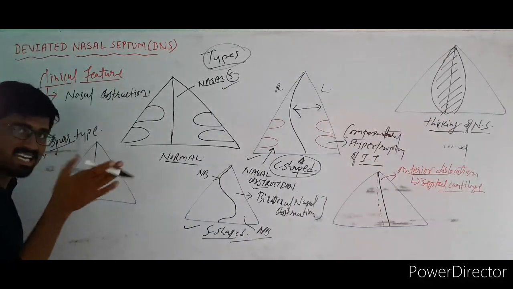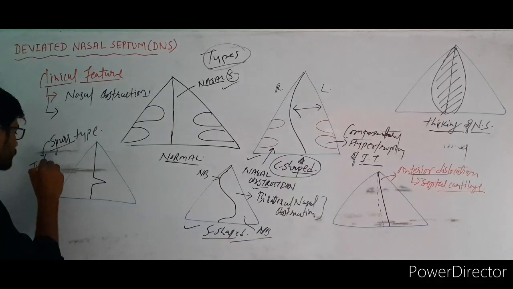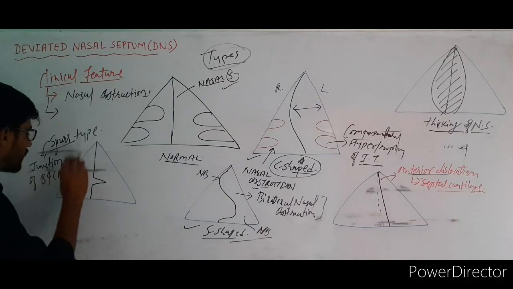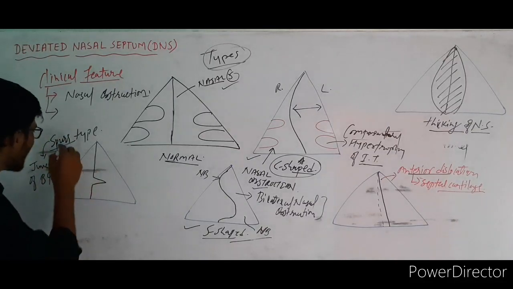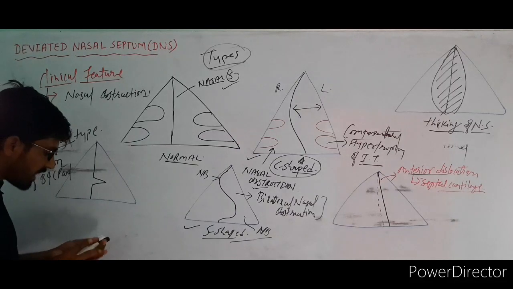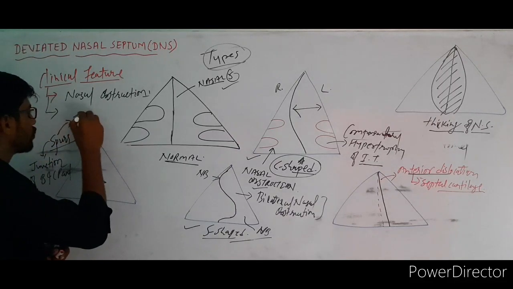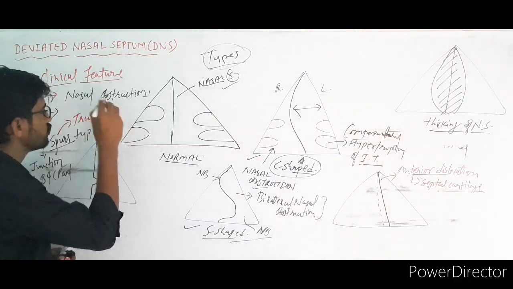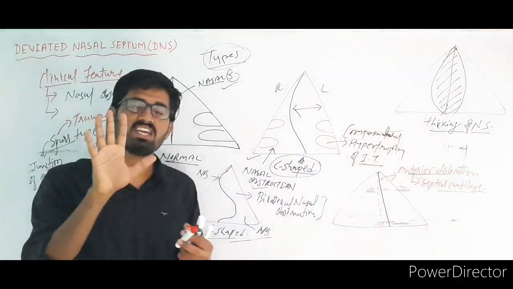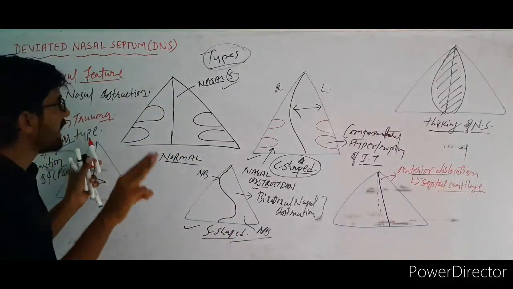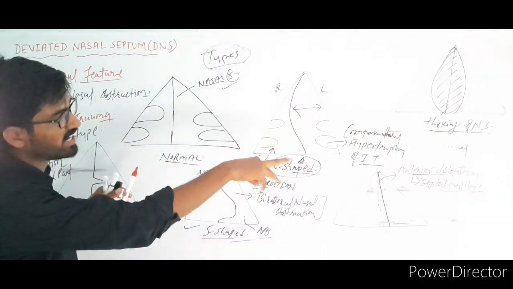At the junction of the cartilage and the bony part of the nasal septum. And why is this occurring? The reason is trauma. So we have covered all 5 types of the deviated nasal septum: C shape, S shape, spur, thickening, and the anterior dislocation.